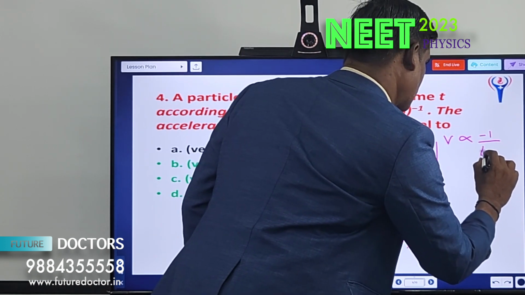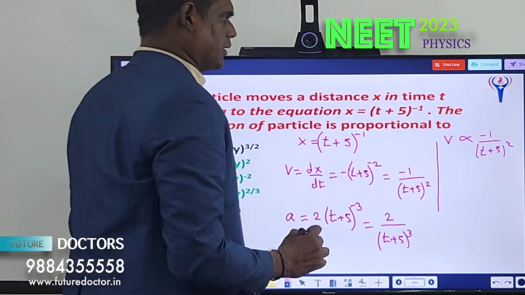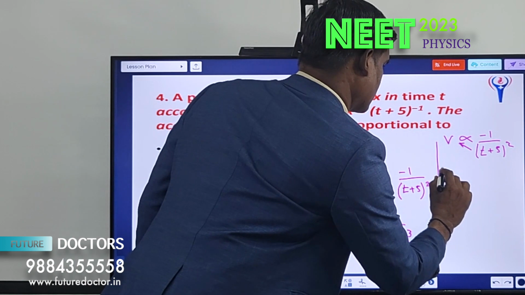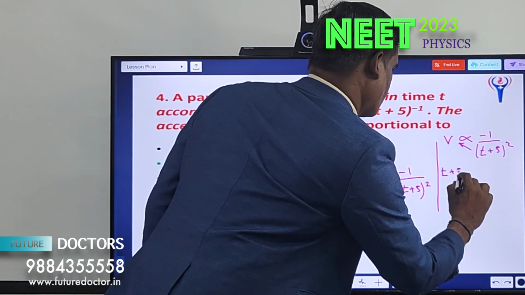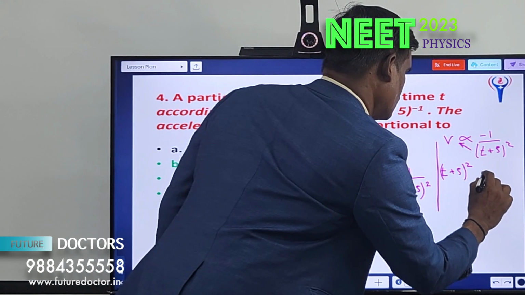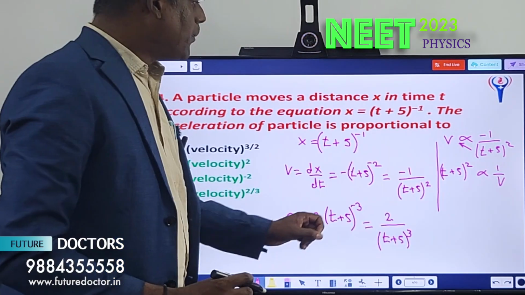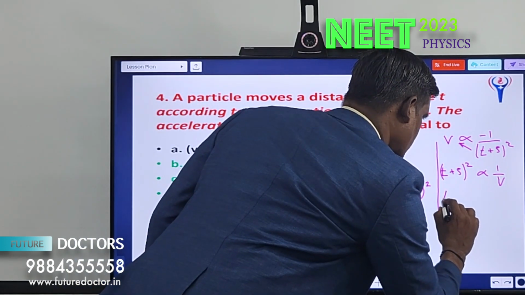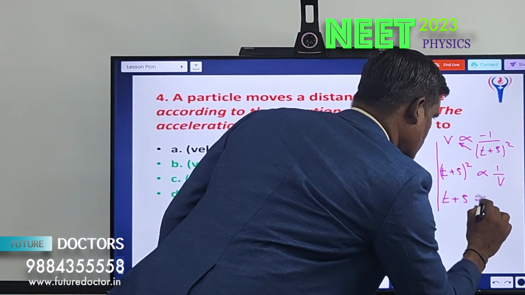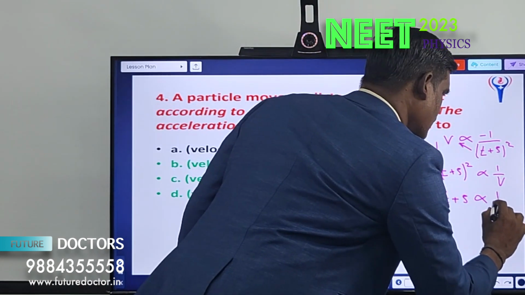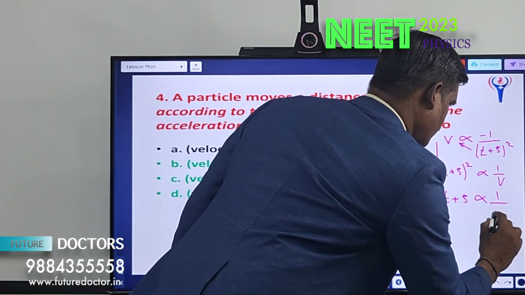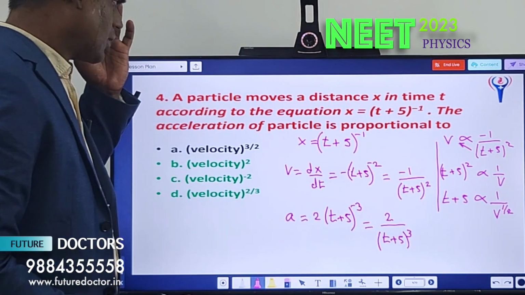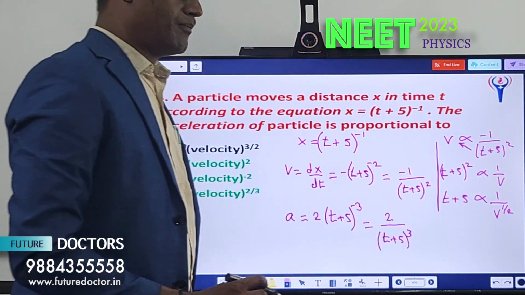Then (t plus 5) whole power 2 is proportional to 1 by v. Then t plus 5 is proportional to 1 by v power 1 by 2, the square root of v. So t plus 5 is inversely proportional to v power 1 by 2.